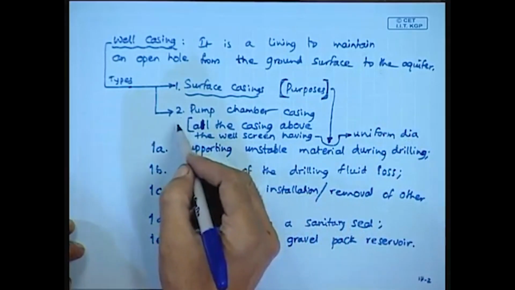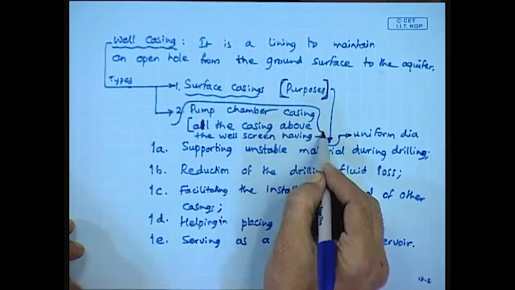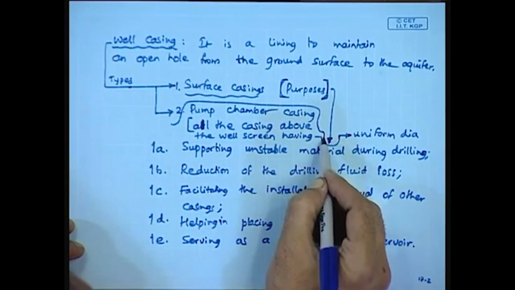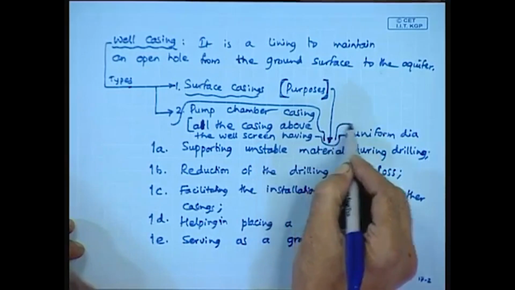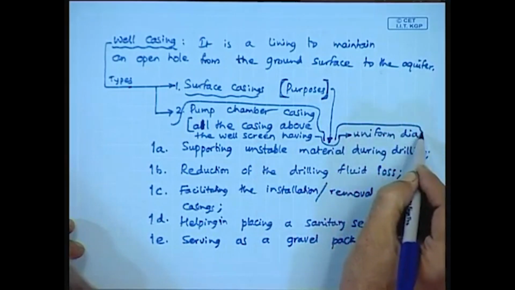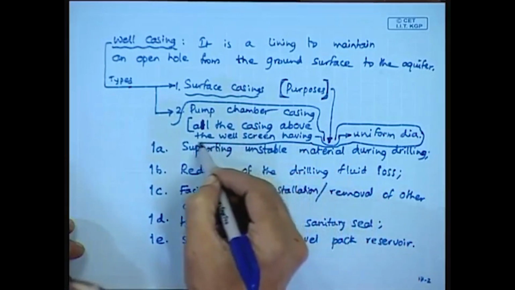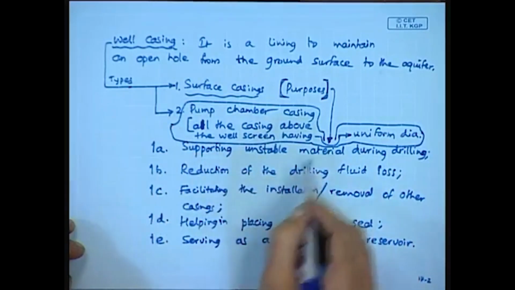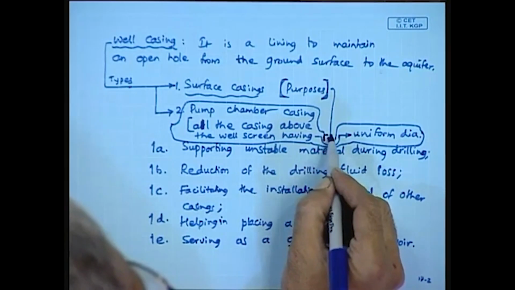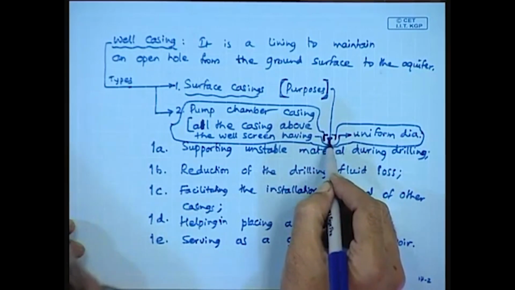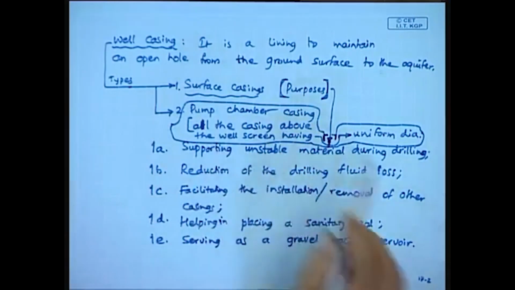So, this is pump chamber casing. Whereas surface casing is at the surface level.